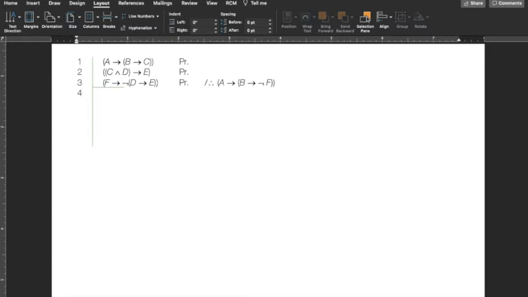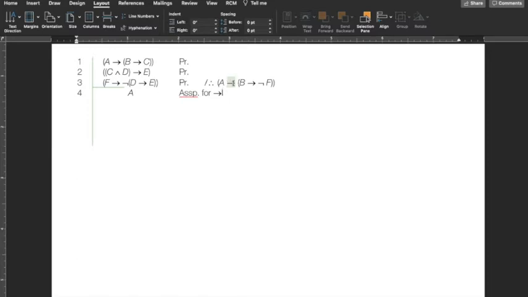So line 4 here will be an assumption for conditional proof. So I need to be able to get this conditional with A as its antecedent. So I want to assume A for conditional introduction.